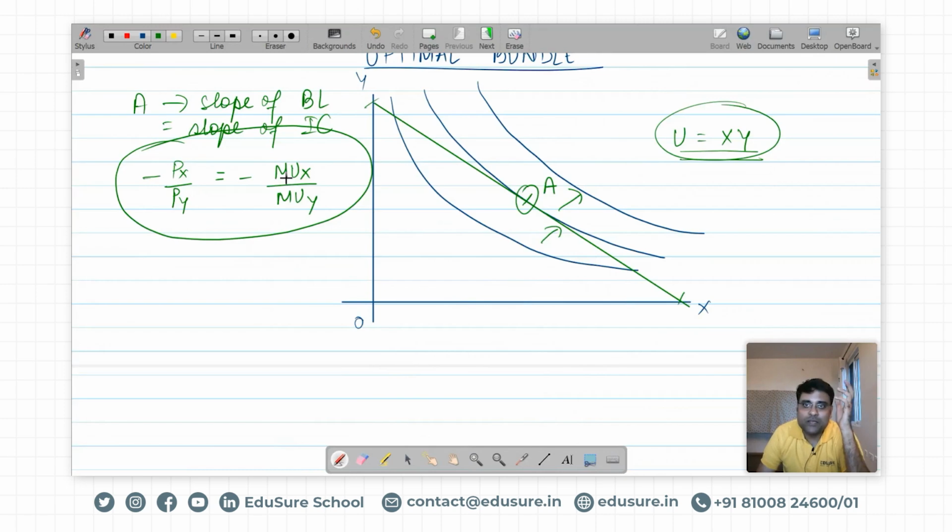So it's important for you to understand all of this information and be able to find the optimal bundle. The optimal bundle is found in this fashion: the slope of the budget line is equal to the slope of the indifference curve.